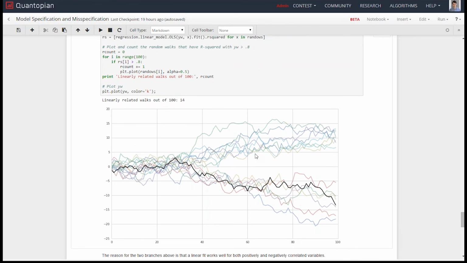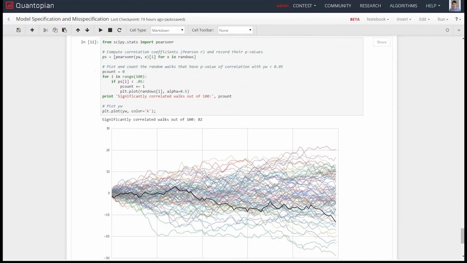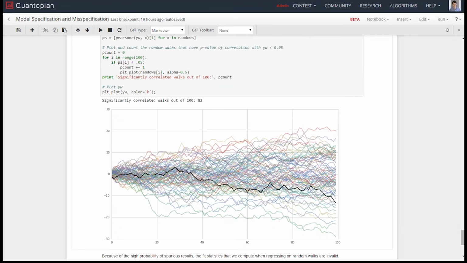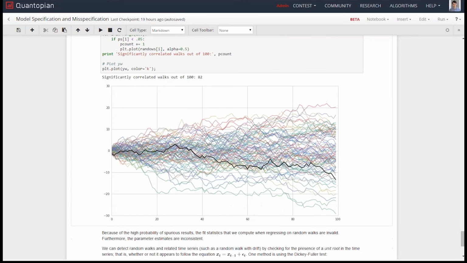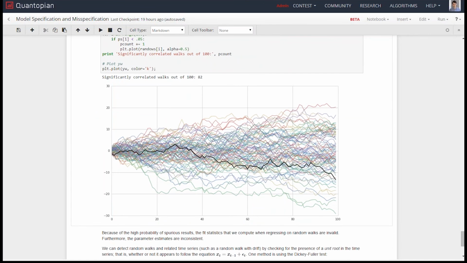Now, in this case, if you have 100 things, choosing a p-value of 0.05 means that 5% of the time you accept that you're going to get a false positive. So you should see 5 relationships being generated, but you actually see 82. Clearly something is very wrong. Clearly you haven't calibrated right. Your p-values are giving you complete garbage.